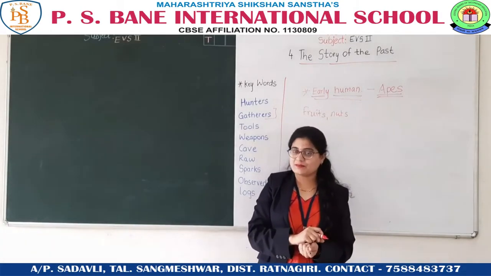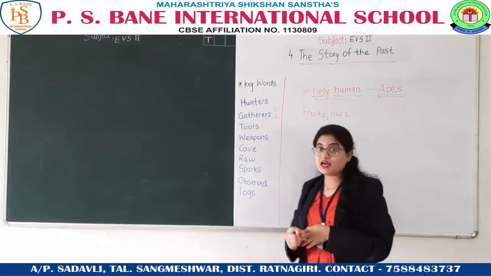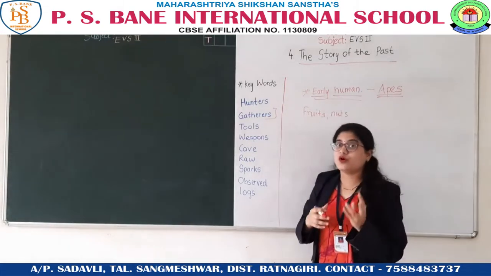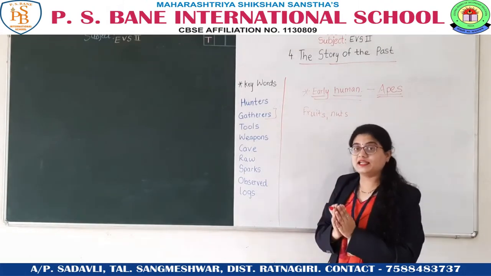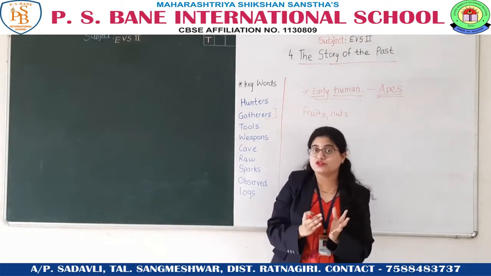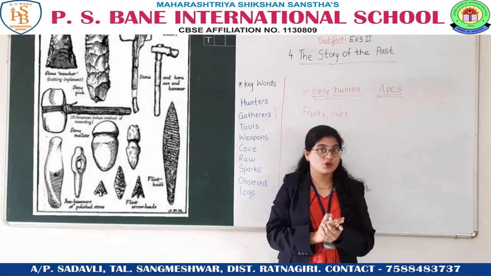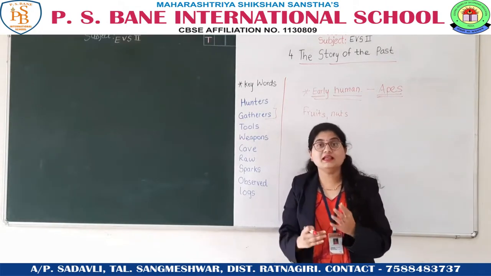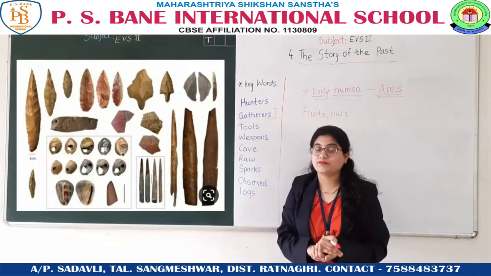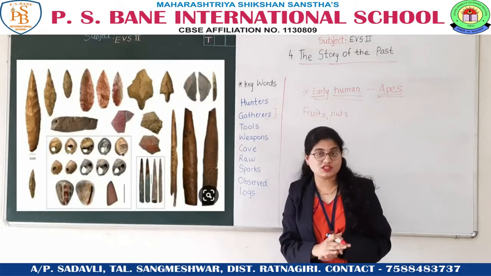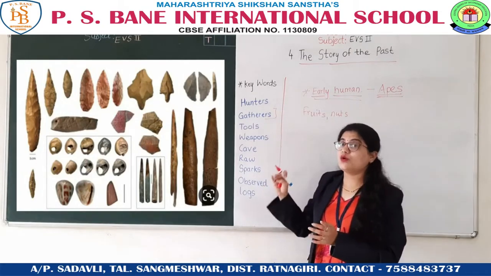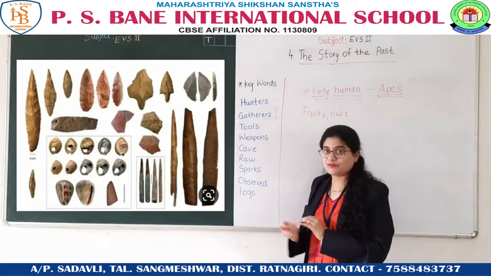Okay, students? Good. Now, for hunting and gathering or cutting fruits, they needed different types of tools. Early humans made their own weapons. At first, they used stones as weapons or tools.